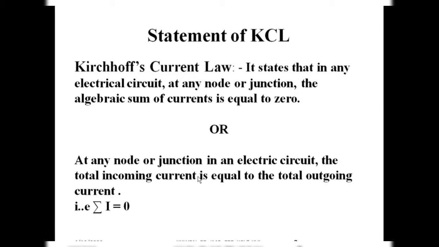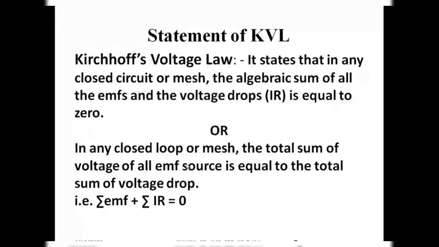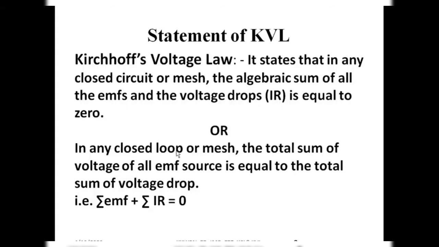Now, we will consider the statement of KVL. In the statement of KVL, it states that in any closed circuit or mesh, the algebraic sum of all the EMFs and the voltage drop is equal to 0, or we can also write it as in any closed loop or mesh, the total sum of voltage of all EMF sources is equal to the total sum of voltage drop.